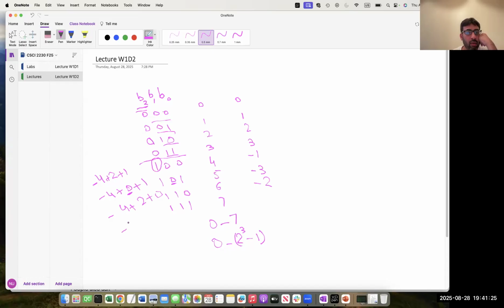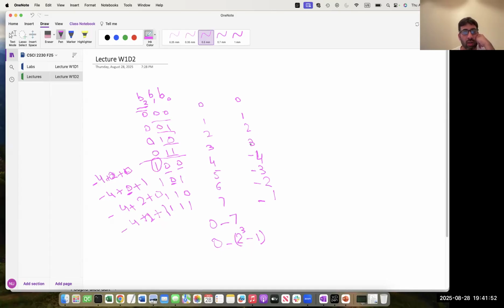And -4 plus 2 plus 1 will become -1. By the way, here I did it wrong, because the values of the bits are 0 and 0, so it will be 0 and 0. Sorry for the mistake. So here it will be -4.